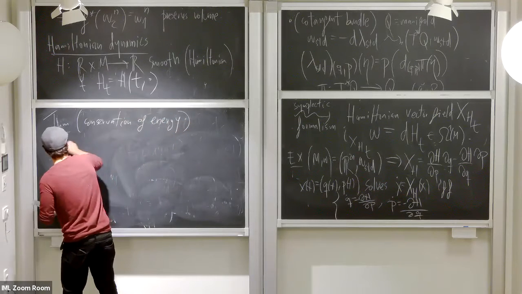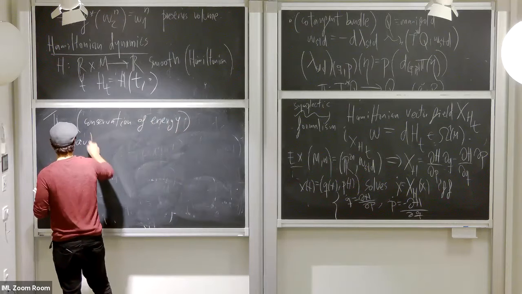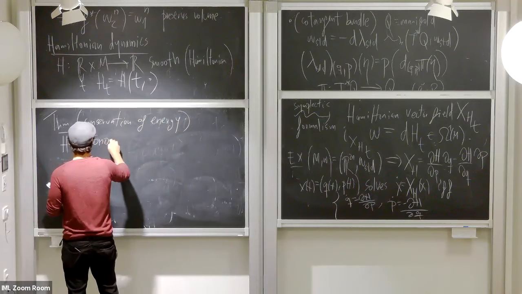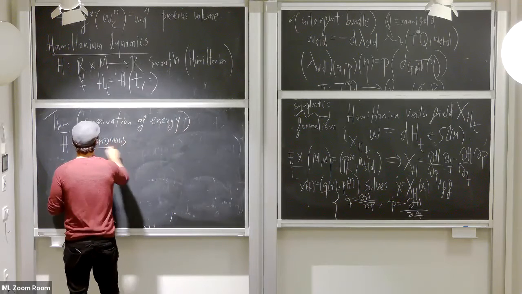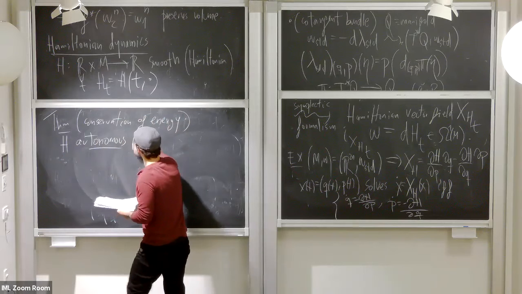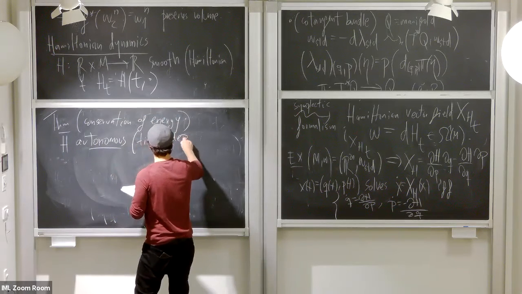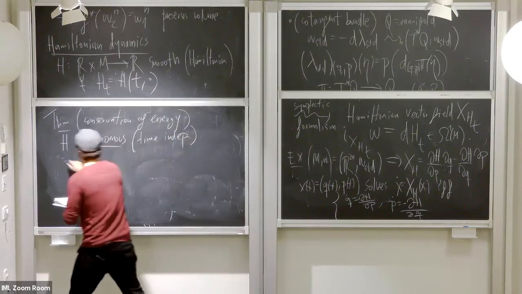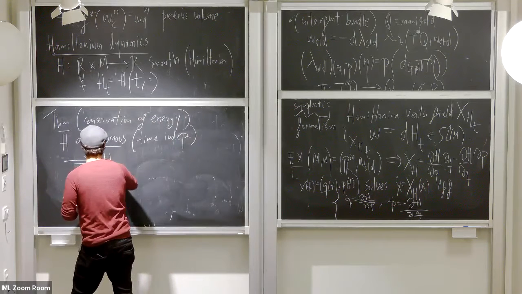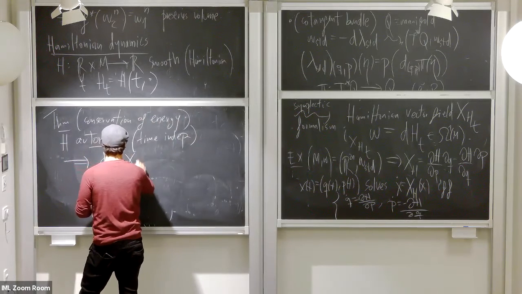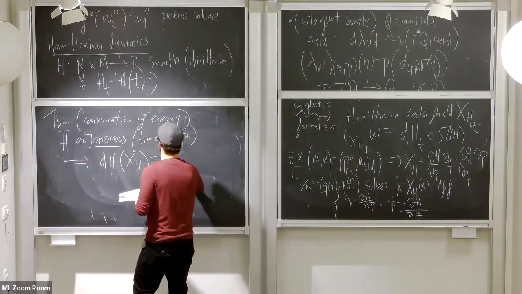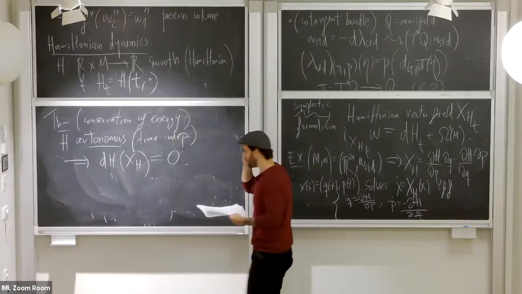If you take a function H which is autonomous, so it does not depend on time, then the derivative of H applied to its own Hamiltonian vector field has to vanish identically.